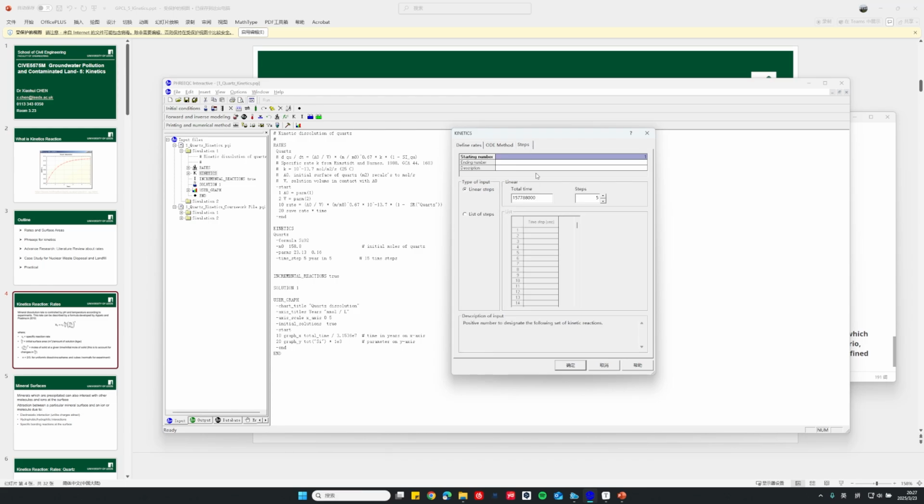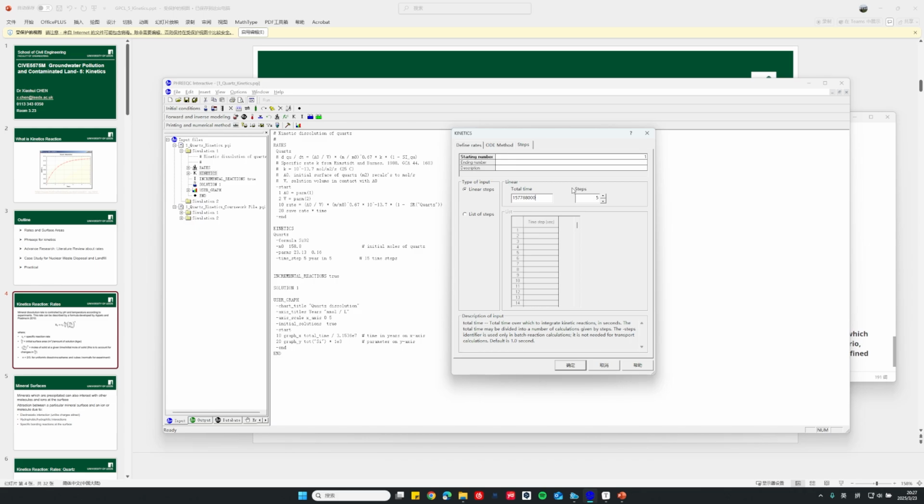And finally, let's move to the final part, which is the time. It looks very familiar with the reaction, but pay attention. This time we control the steps by time rather than moles.